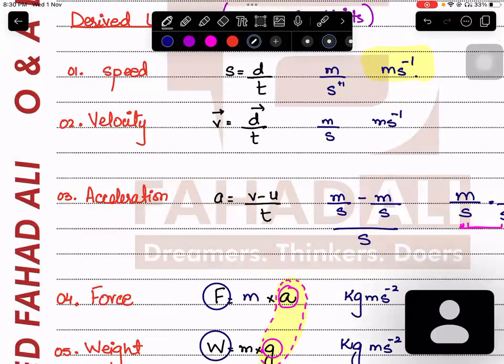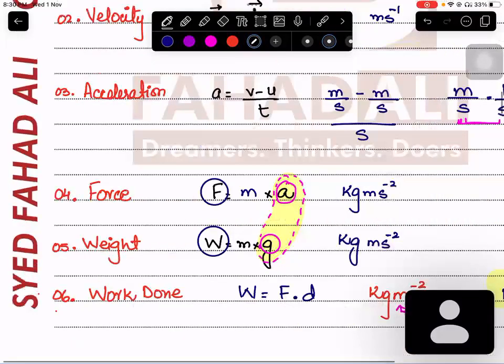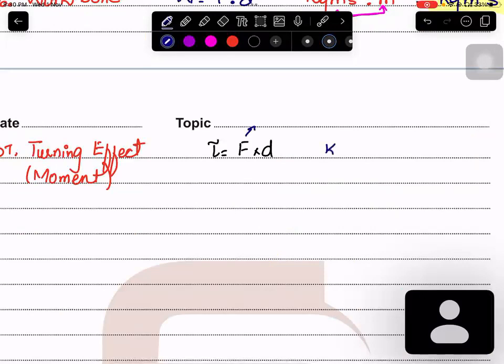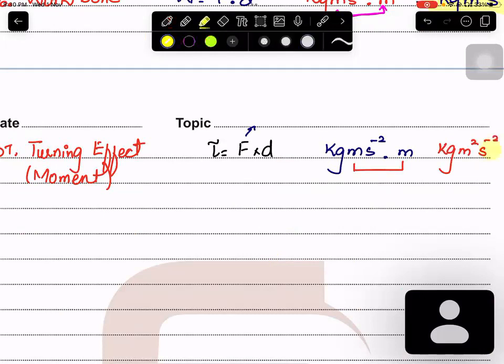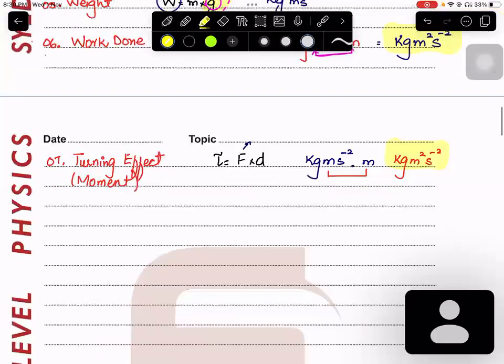Now, if we talk about turning effect, force is given by kg m s^-2 and distance is meters. Again, like I said, same bases, powers add. This will become kg m^2 s^-2. Clear? Yes, sir.